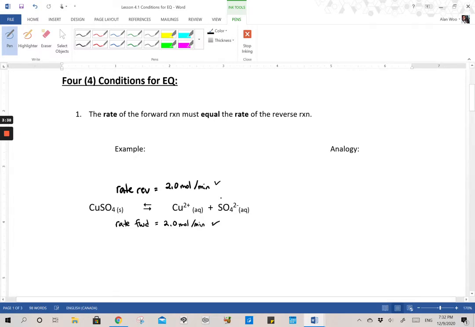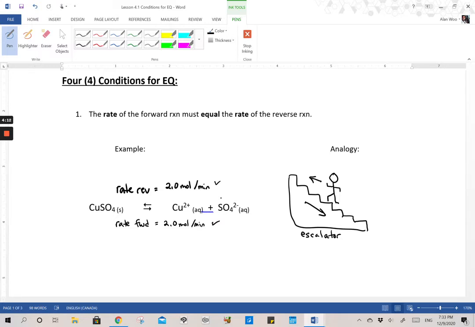So when we look at an analogy, a good analogy might be an escalator. So we'll draw an escalator here. And let's draw a person walking up this escalator. Yay, stickman! So the escalator is going down, the person is going up. In order for there to be equilibrium, the person has to be traveling at the same rate as the escalator is going down.